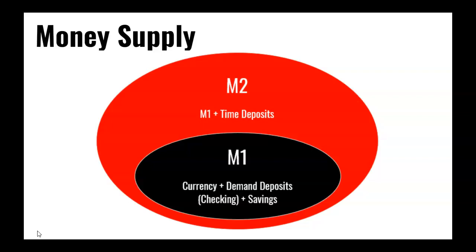So M1 gets larger because money is entering into M1 that was not part of it before. But no money came into M2, so M2 remains the same. There's just money moving from within one portion of M2 to a different portion of M2. So M2 remains the same, M1 increases. So having these concentric circles may be helpful to you in identifying what happens to money supply given different scenarios.